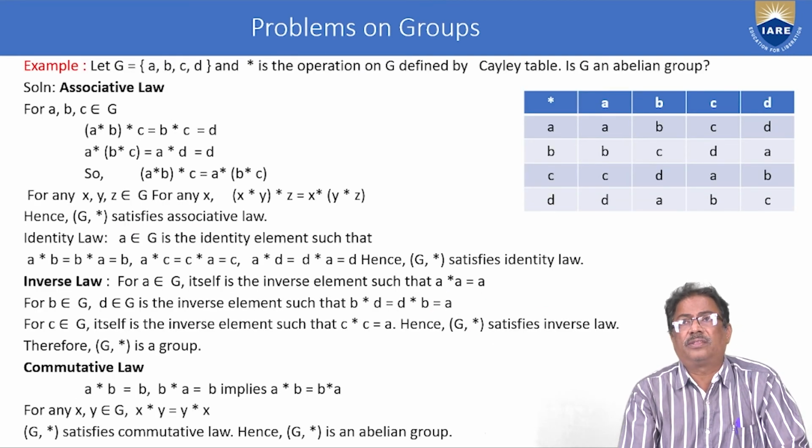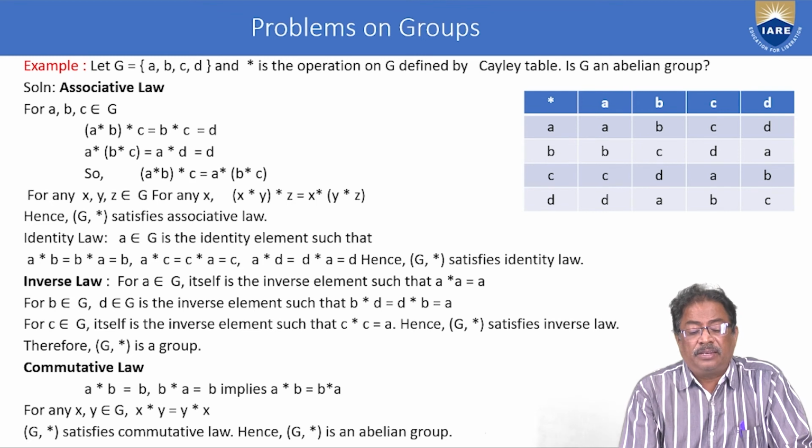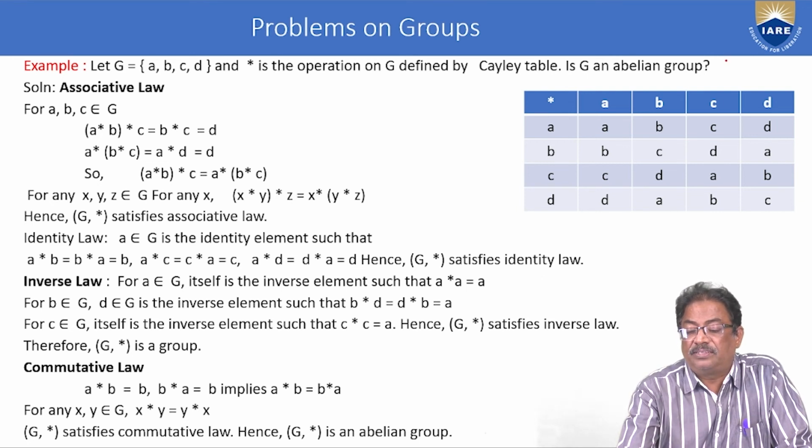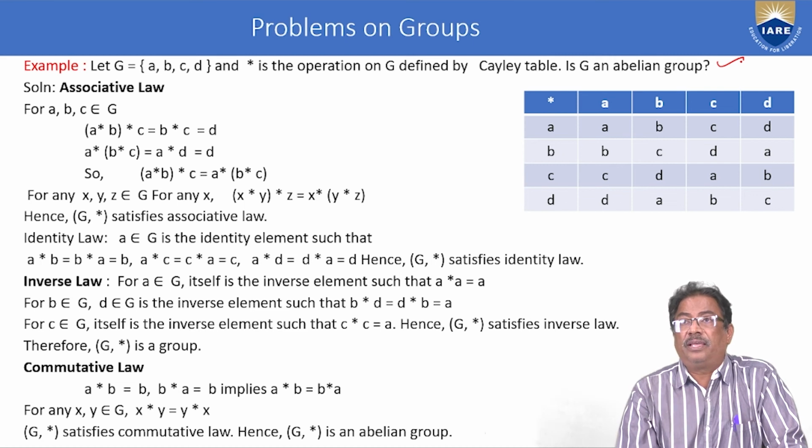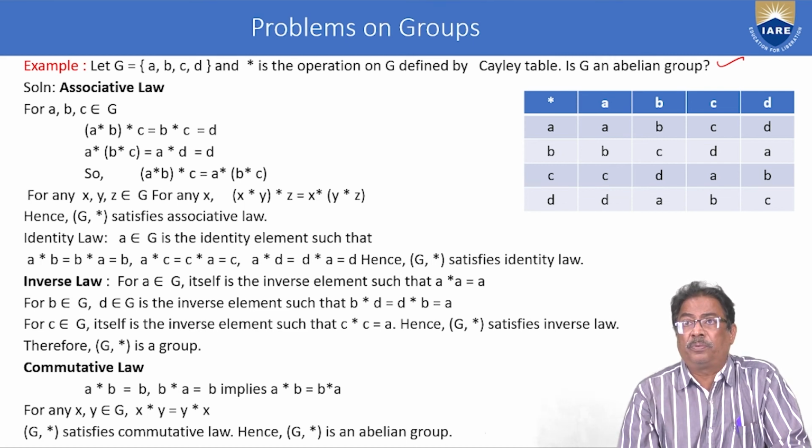Now let us go for the other one. Let G be a set, and star is an abelian group defined on the Z, and now we have to verify whether G is an abelian group or not.